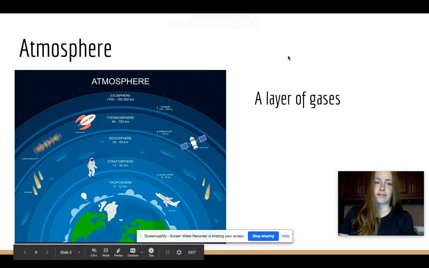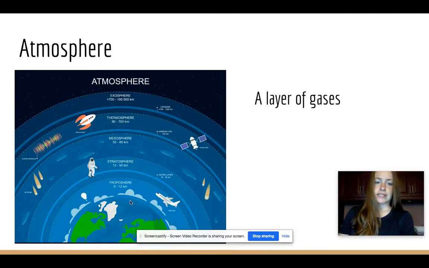So first we have the atmosphere, which we can see in this picture extends upwards for hundreds of kilometers. Basically it's just a layer of gases. It's mostly nitrogen and oxygen, but you'll also have some argon, water vapor, and carbon dioxide in there as well.